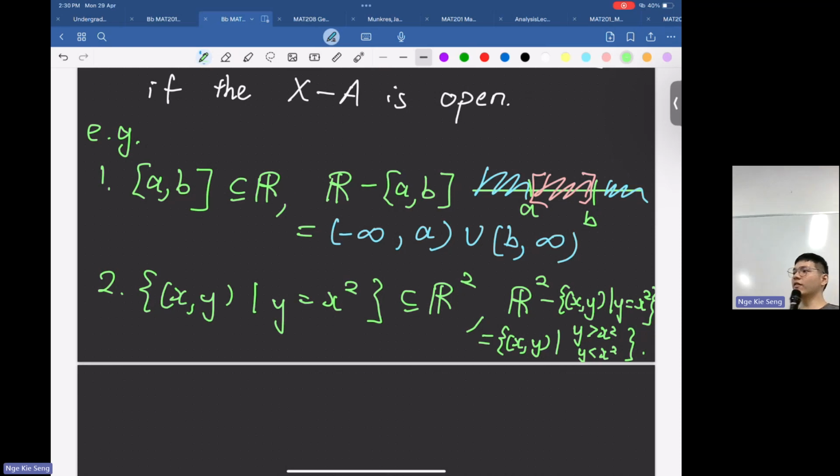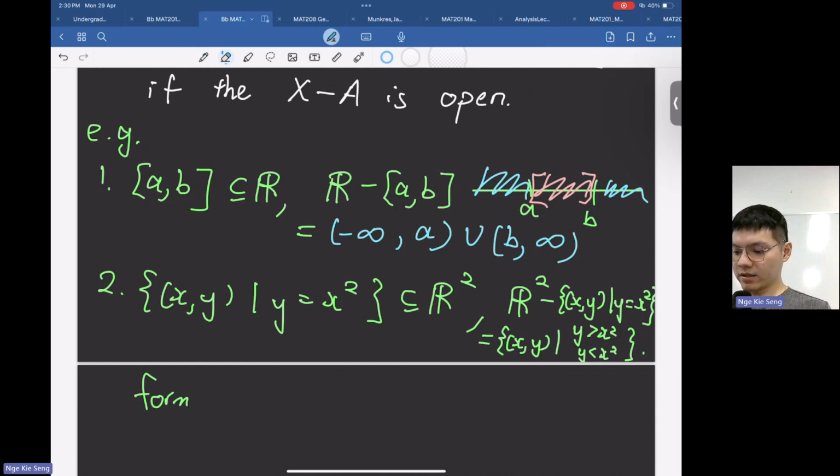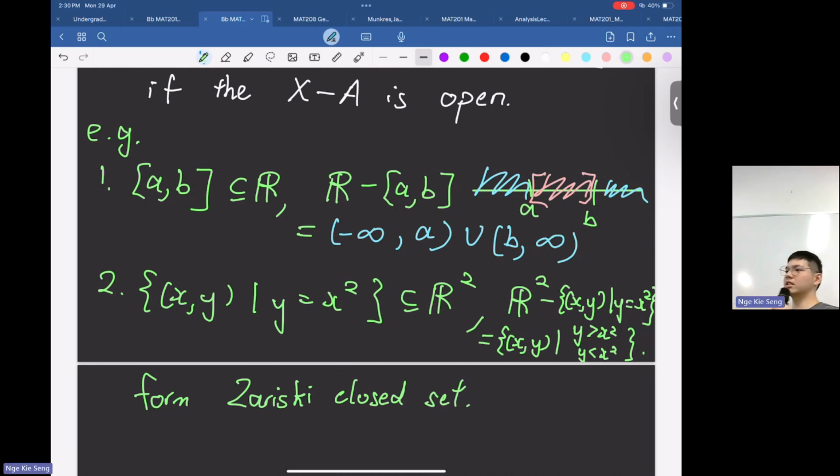Actually, this kind of closed set is very important in algebraic geometry. Let's do some advertisement for algebraic geometry. This set forms what we call a Zariski closed set, and it forms a topology actually.